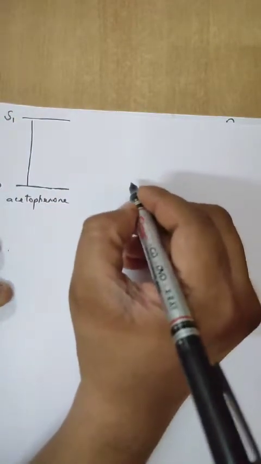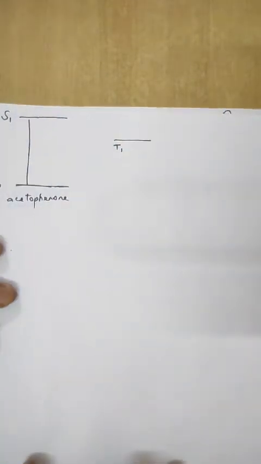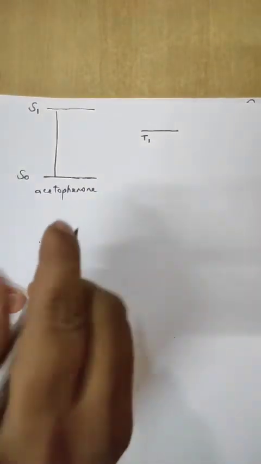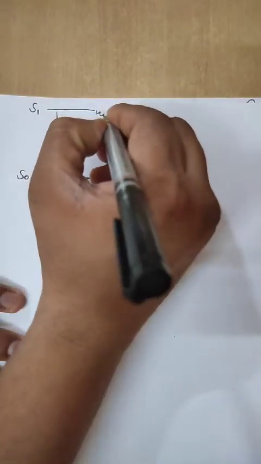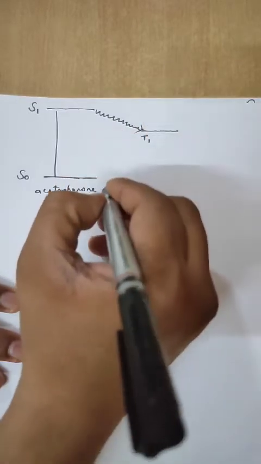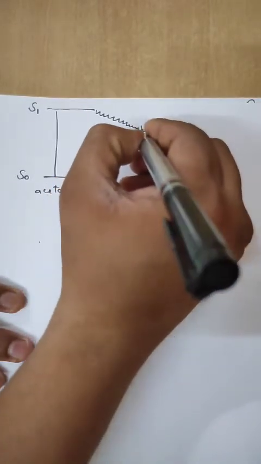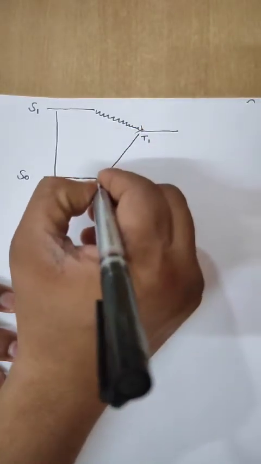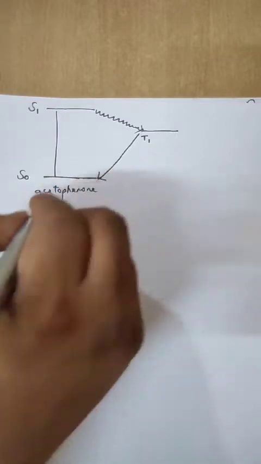So what will happen here? There will be a T1, okay, T1. So the transfer takes place. So it comes once again here.